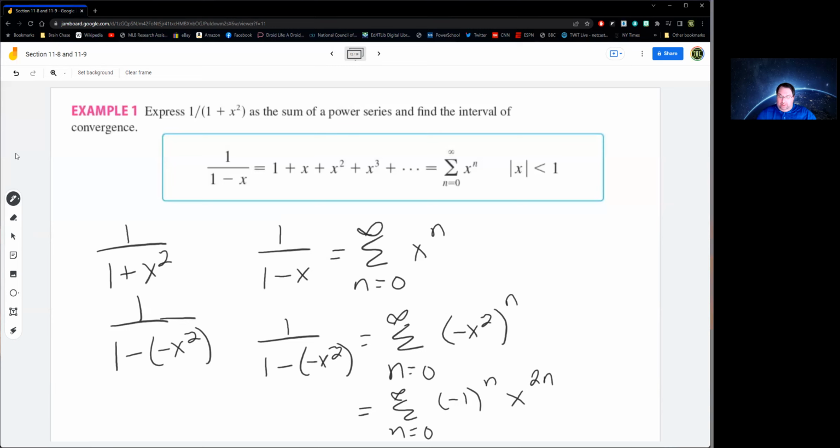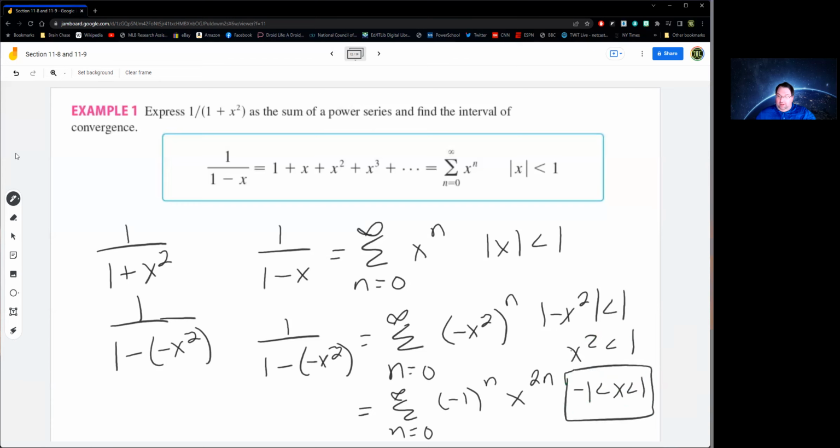Remember, this one up here converges when the absolute value of x is less than 1. So this is going to do the same thing: the absolute value of negative x squared is less than 1. So I've got x squared is less than 1. That means -1 is less than x is less than 1. That is my interval on when this is going to converge.